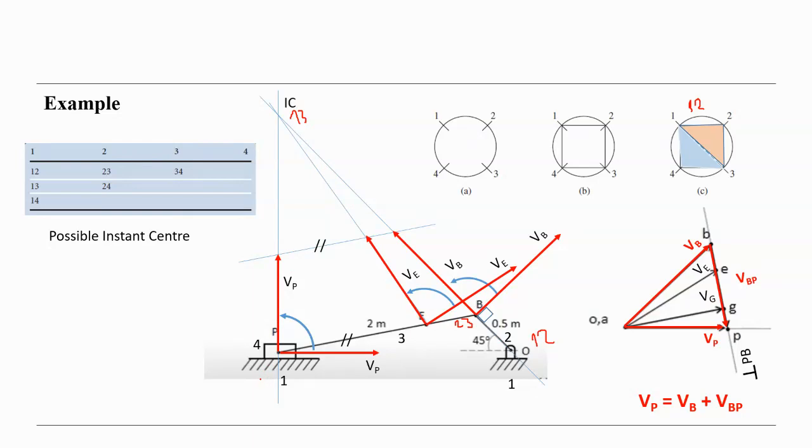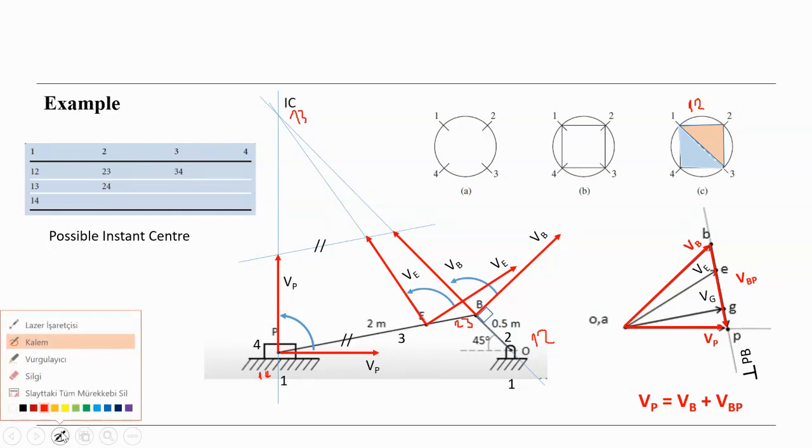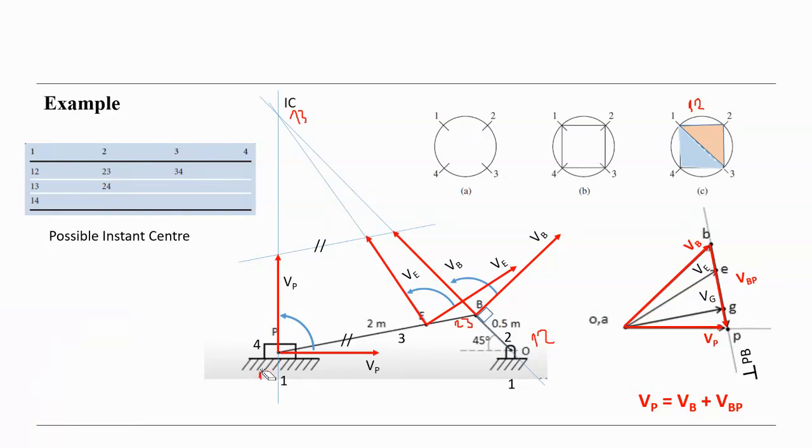This is also 1,4. Sorry, I have to correct it. So this is 1,4, and here 4,3, and this is also 1,3 on the same line.